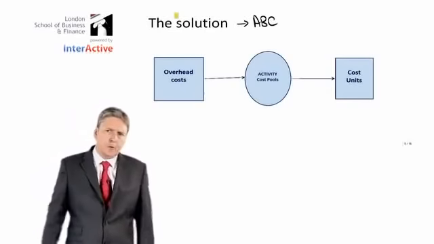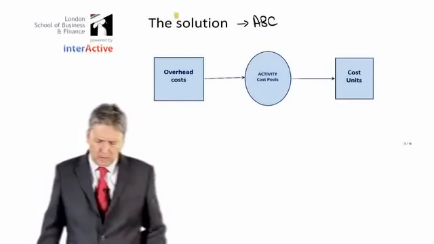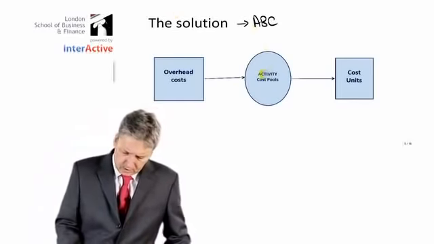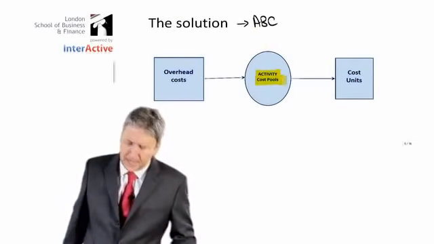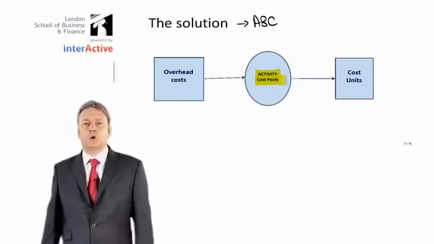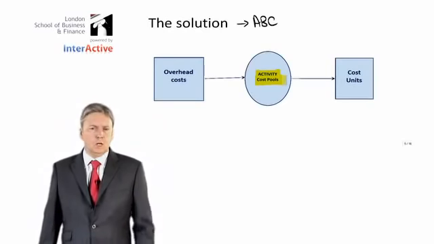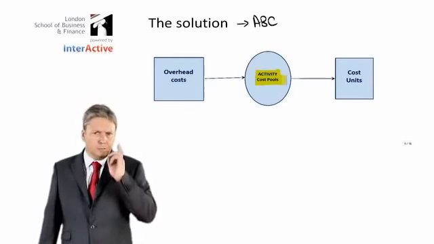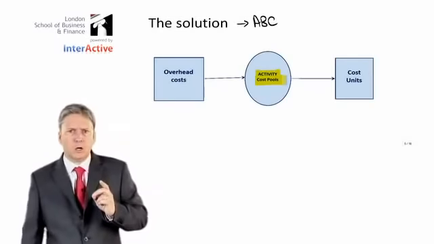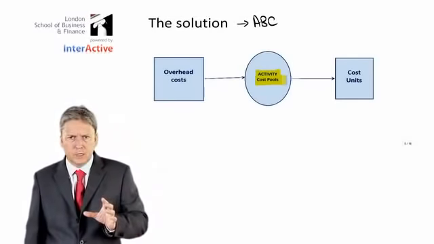But the one thing to pick up on here, and I'm sure you've picked up on it already, is this. When we look at our halfway house, we have something called an activity cost pool. Well, if we just go back a moment, before we used to link our costs to cost centres.